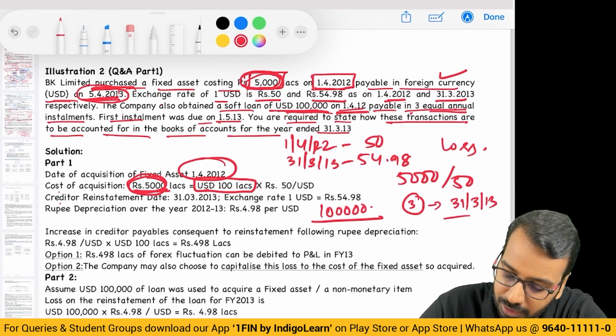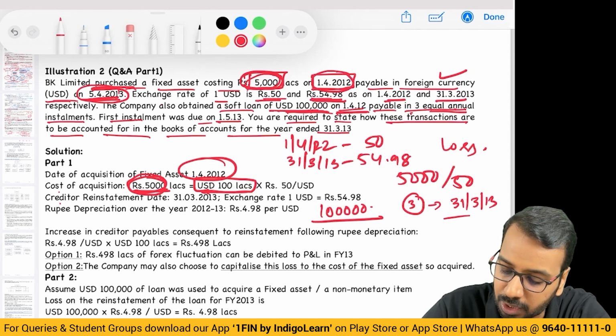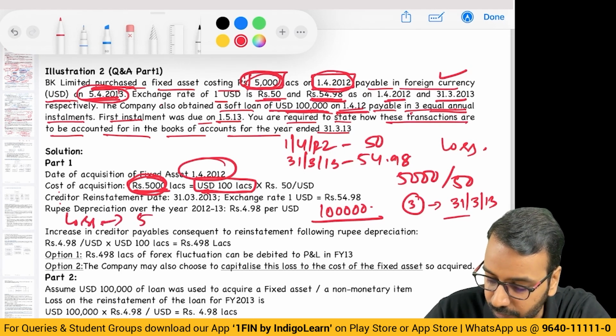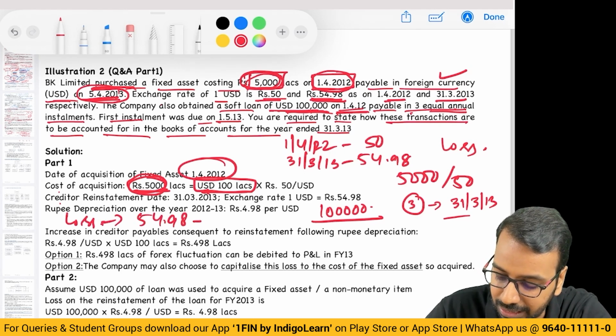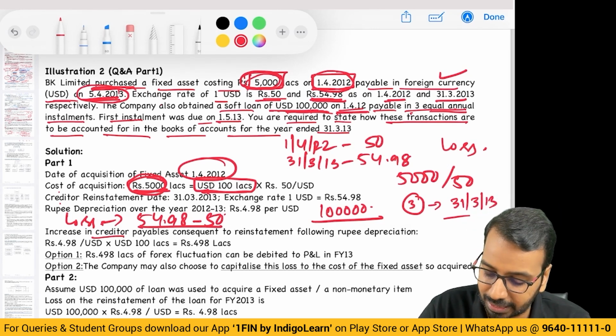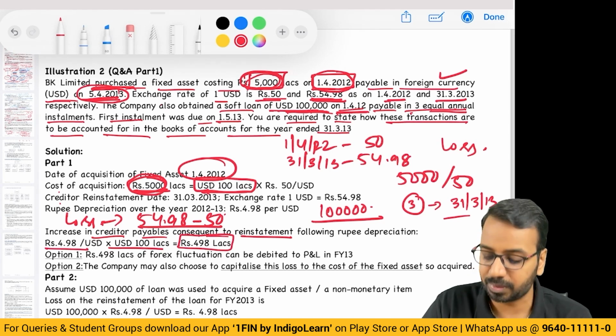Creditor dollar value is 100 lakhs and we have purchased on 1st April, we have to restate on 31st of March, so there is a loss. What is the loss? Loss is 54.98 minus 50, that is 4.98. So the creditor payable consequent to reinstatement is 4.98 into 100 lakhs, 498 lakhs.